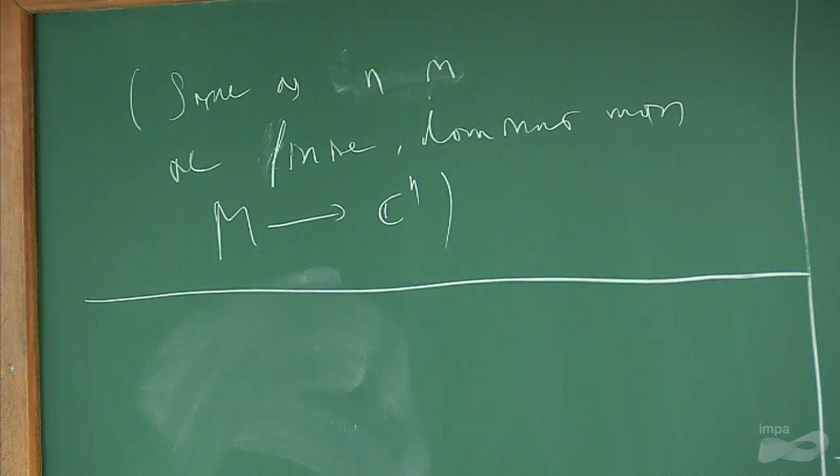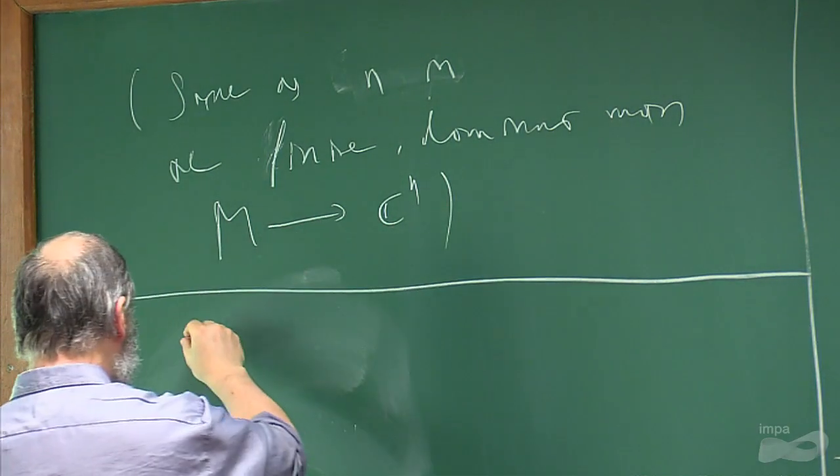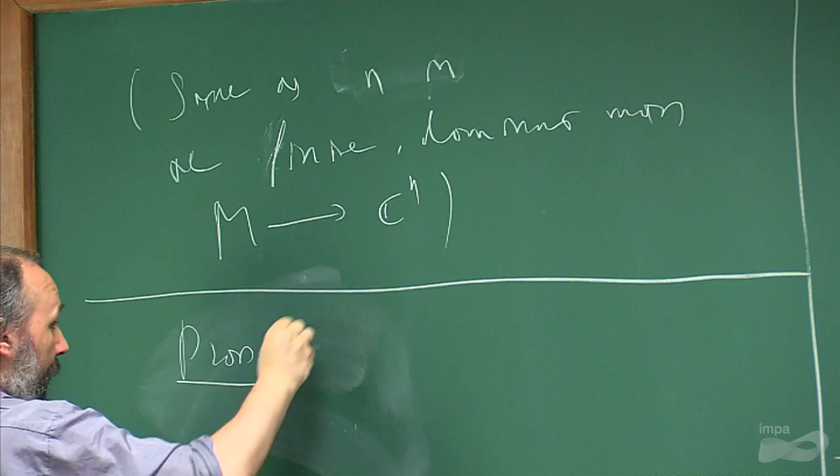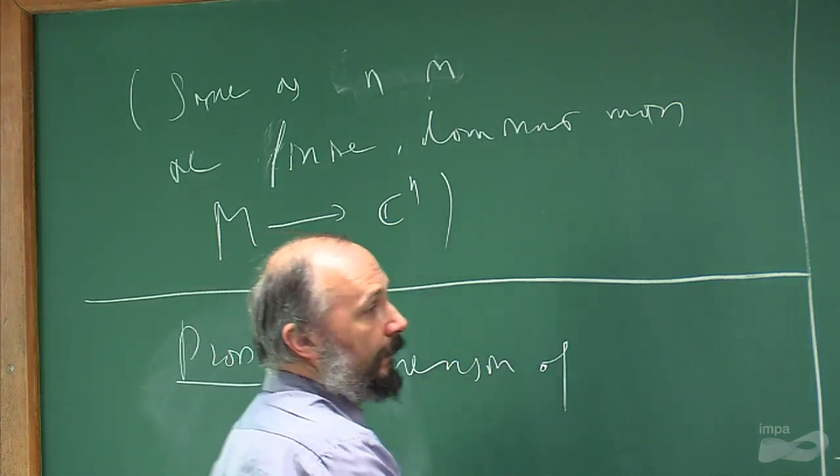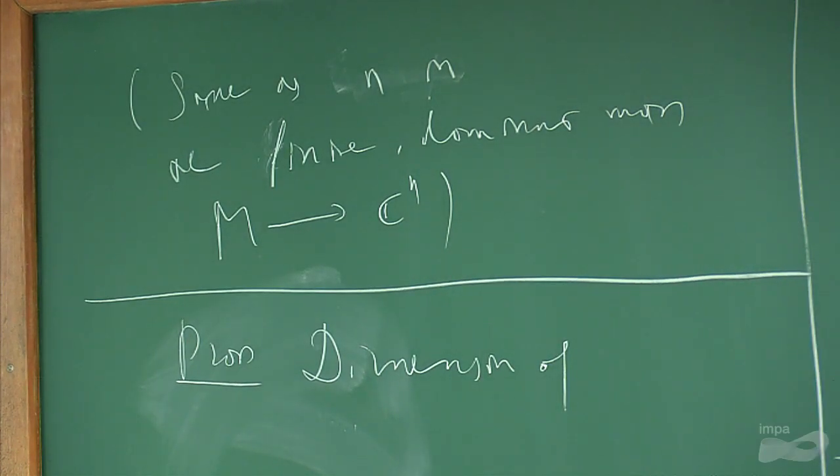Now I have this proposition, which explains, by the way, what I just said: the dimension of M. I didn't define the dimension for you, I'm afraid, so let me define the dimension first.